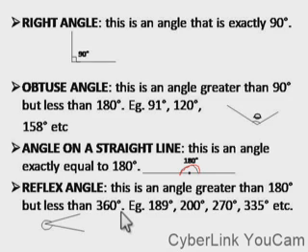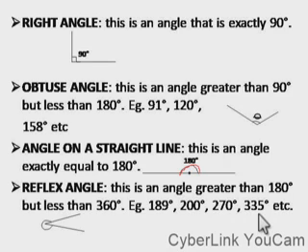A reflex angle. 181 degrees is a reflex angle. The reason being that 181 is greater than 180 but less than 360. 189, 200, 270 degrees, 335 degrees, all are called what? A reflex angle.